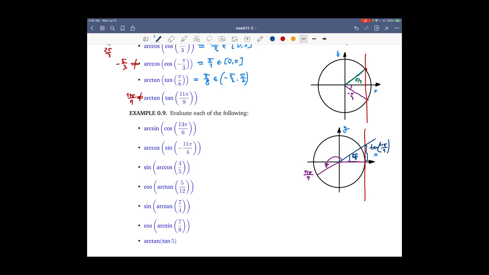And note that 2 pi over 9 lies in the desired region and it has the same tangent as 11 pi over 9.